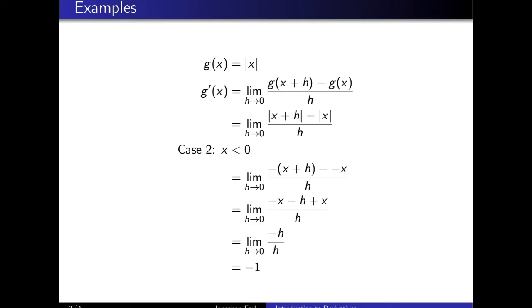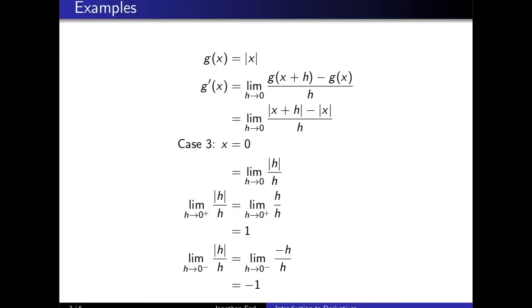The only thing left to do is look at x equals 0. So at x equals 0, we're looking at the limit as h goes to 0 of the absolute value of h over h. We'll break this into a left and a right side limit. If we take the right limit as h goes to 0 of the absolute value of h over h, because h is positive, we get the right limit as h goes to 0 of h over h, which is 1.